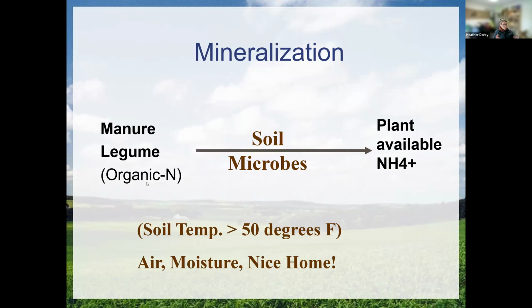All right, so how do we get those? A lot of the nitrogen we have available to us is in the form of manure, and then also legumes, or plow down crop residues, like in a hay field or a cover crop. Okay, so you have the nitrogen that's embodied in those plants, or the nitrogen that's in the manure, and we call this organic N. And what this means is that you have nitrogen stuck to carbon, and your plants cannot utilize that.